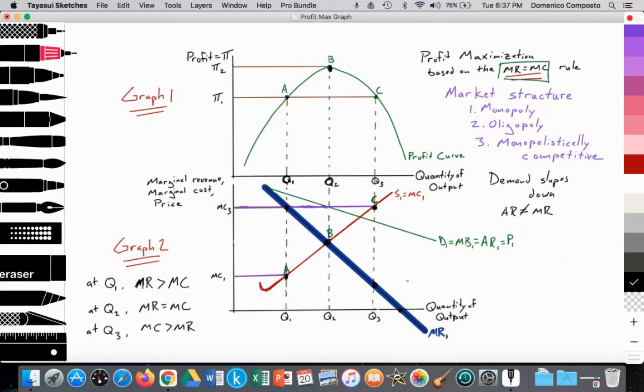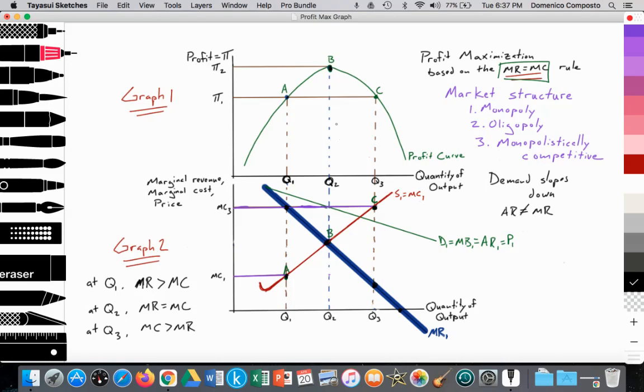But again, that was covered in another video. So quickly, I'll go ahead and analyze this. This is not necessarily a model that you'd be using for an IB exam. It's just to illustrate the MR equals MC rule, but I'll analyze it anyway.